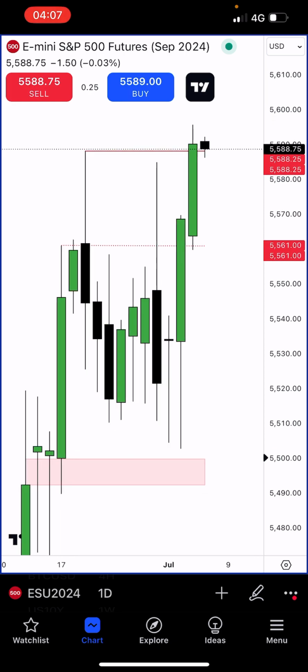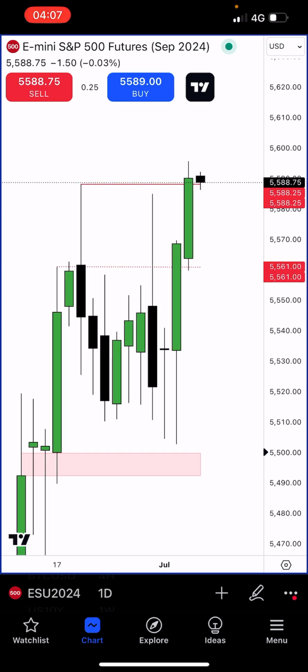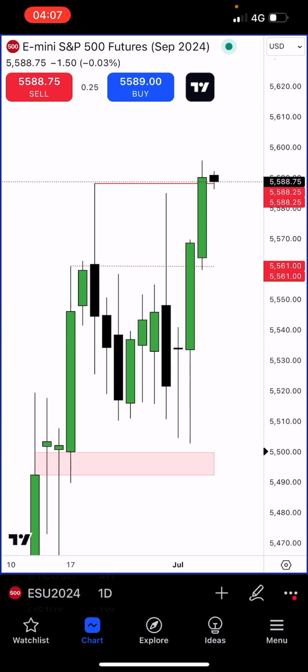So the mission of this is to spot the same thing over and over and over again and take advantage of that. That's the goal. And what we've seen today, we're currently having a look at the daily time frame, ESU 2024.